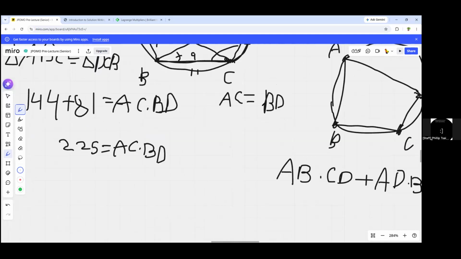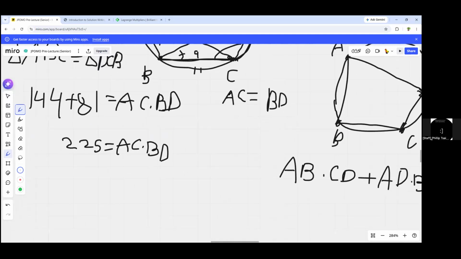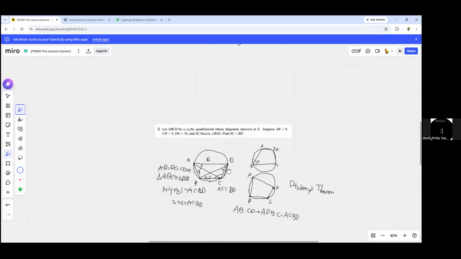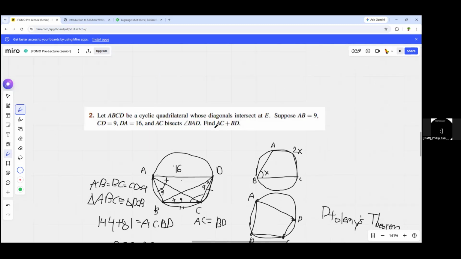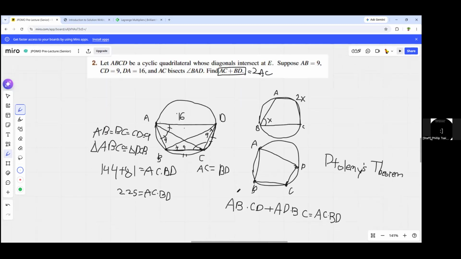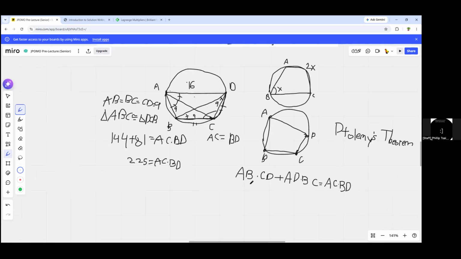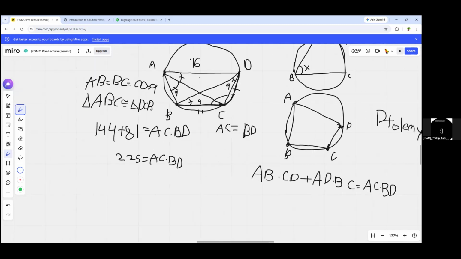And lastly, we want to find AC plus BD, which is equivalent to 2AC, since we know that AC is equal to BD. We can substitute AC equal to BD into AC times BD, and we get that AC squared is equal to 225.